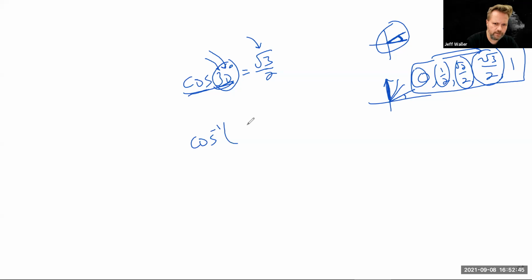Inverse cosine, the input is a number, and the output is the angle. That's what inverse functions do. So if I put rad 3 over 2 here, the output would be 30 degrees, because you're asking what angle does cosine need to make this?